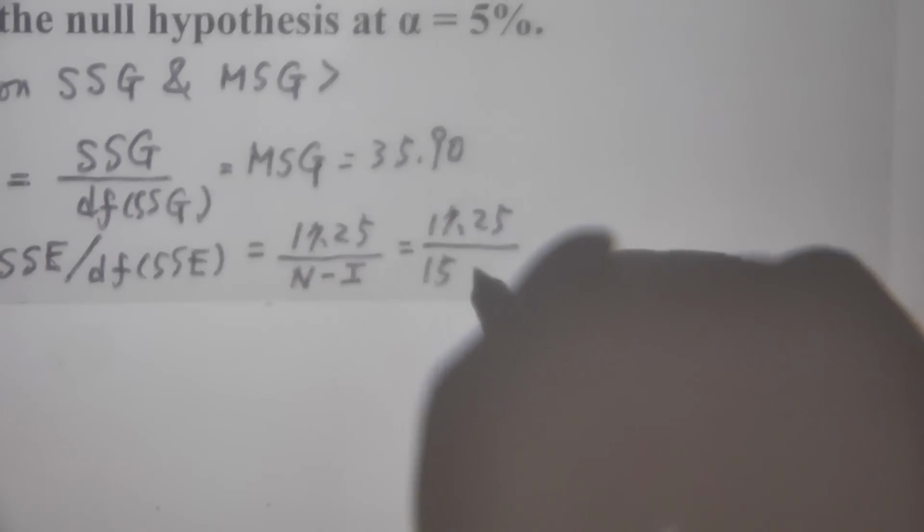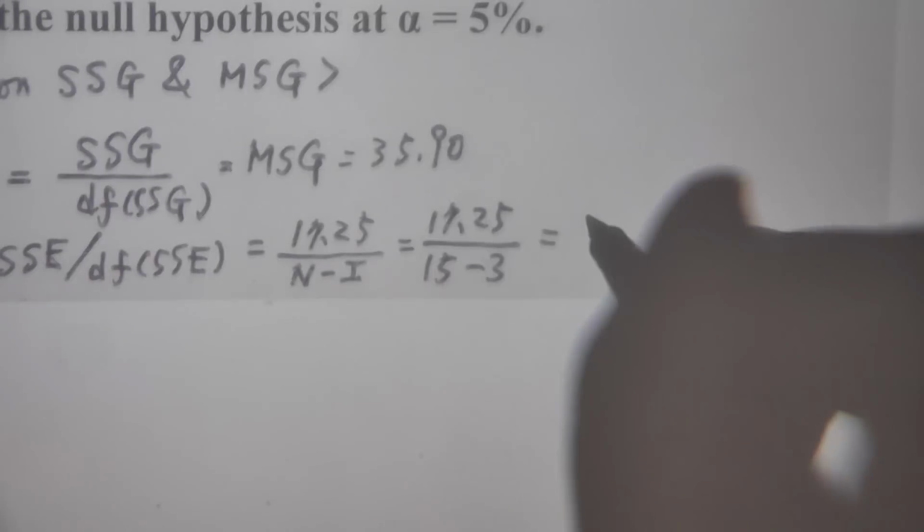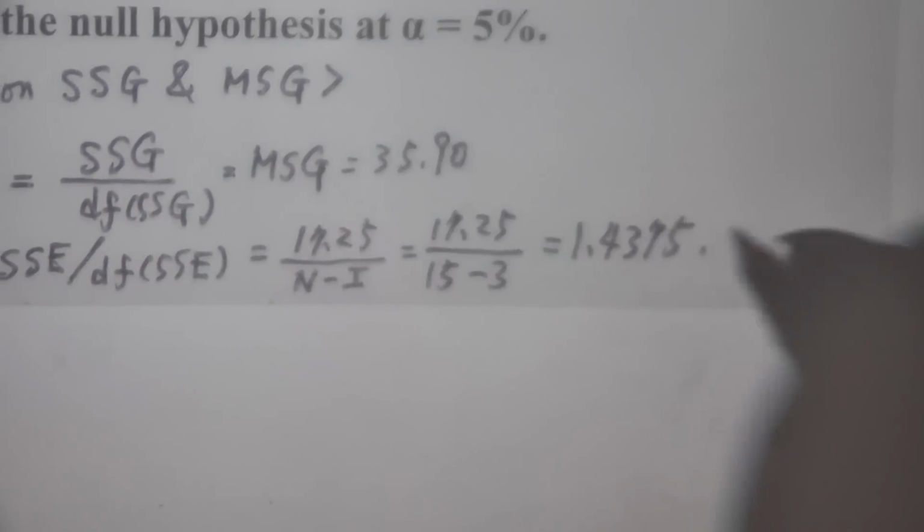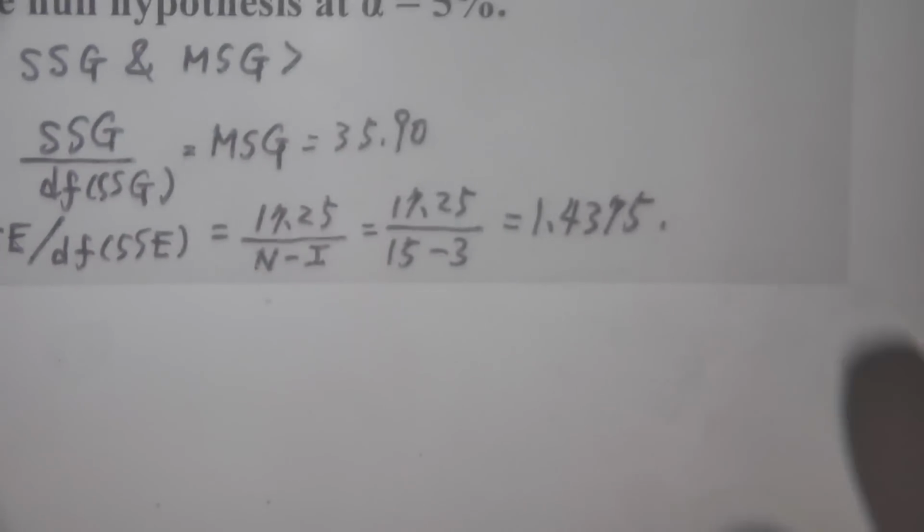In this case, 17.25 divided by 15 minus 3. And this number is 1.4375. Okay? And that's it for our ANOVA model F-test procedure.